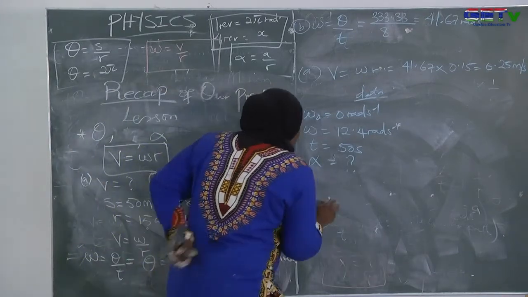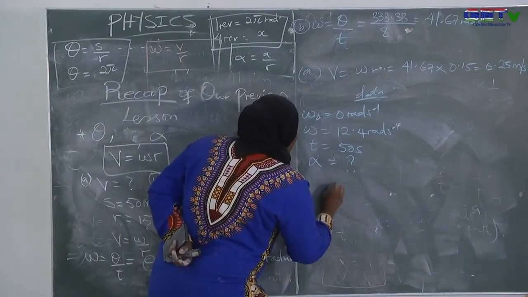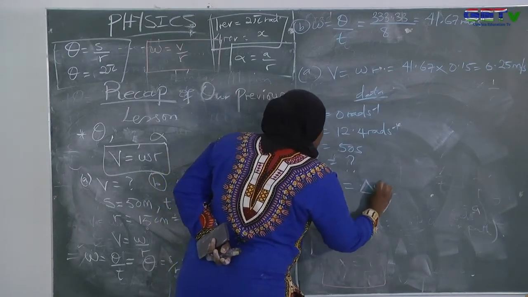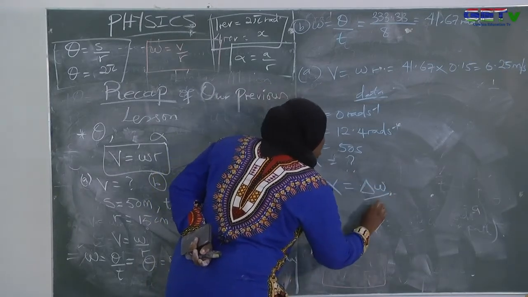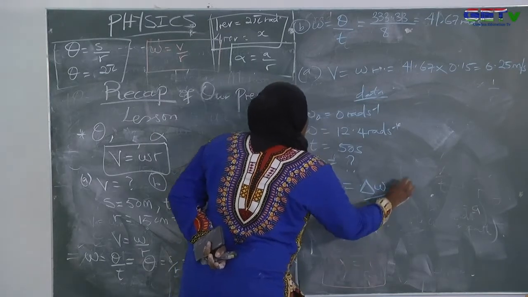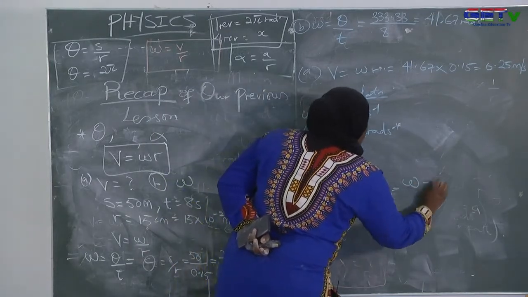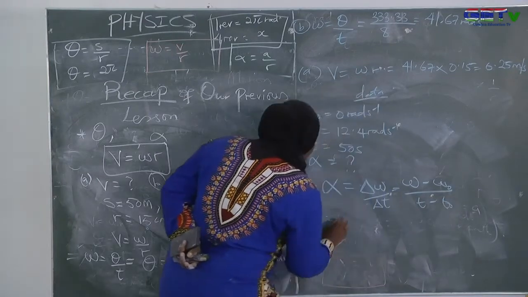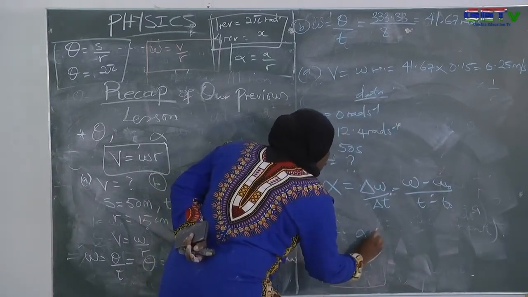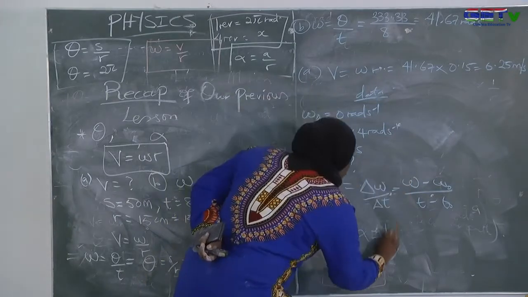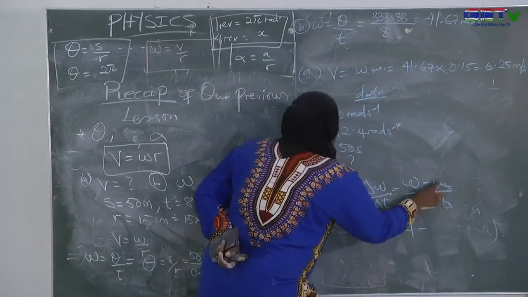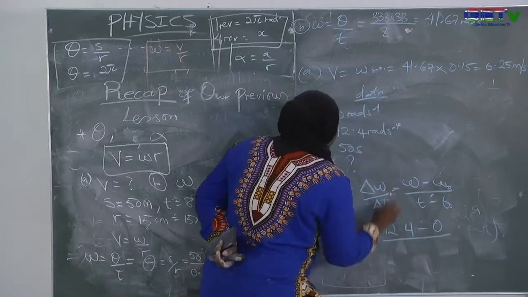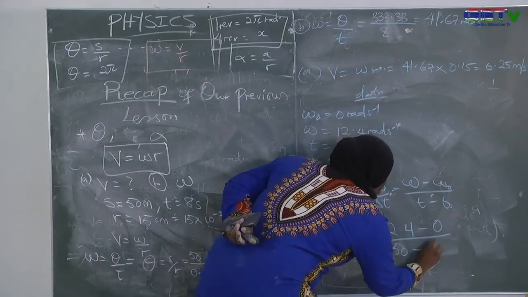Good. But if you recall, we know that the angular acceleration is given as the rate of change of omega, which is delta omega over delta t, and that should be omega minus omega naught over t minus t naught. Therefore, alpha will be omega, which is 12.4, minus omega naught, which is 0 since it started at rest, all over the time t, 50 minus 0.